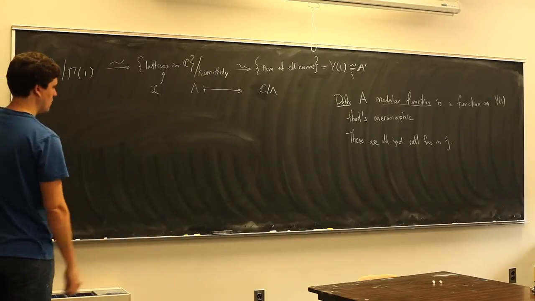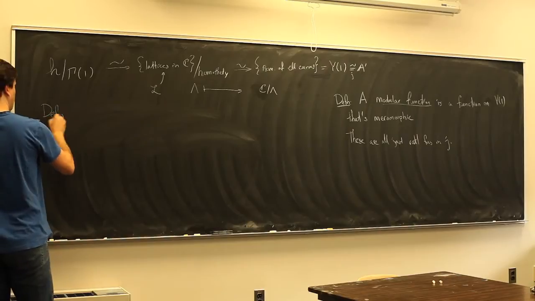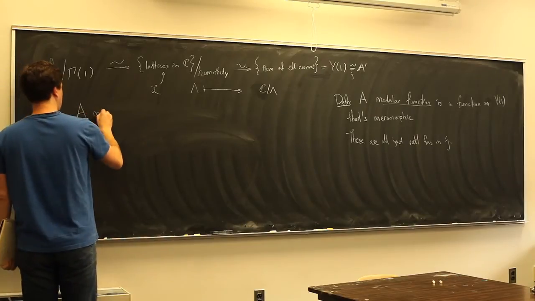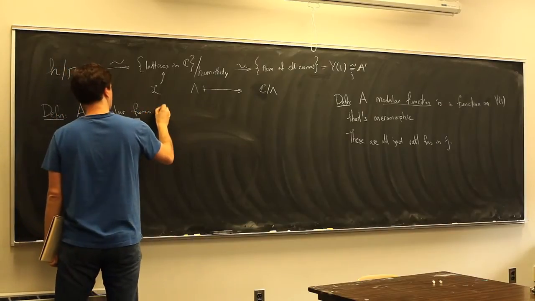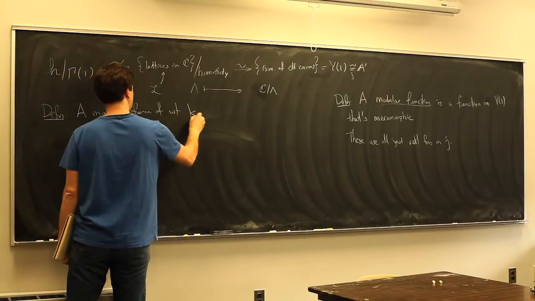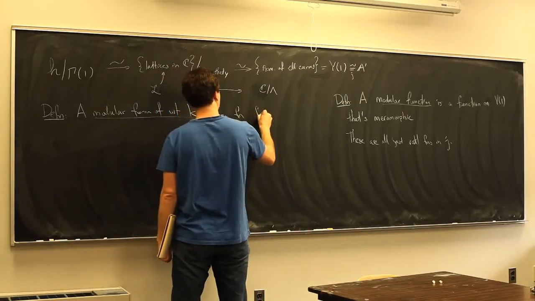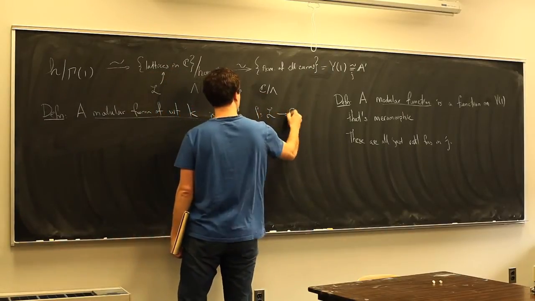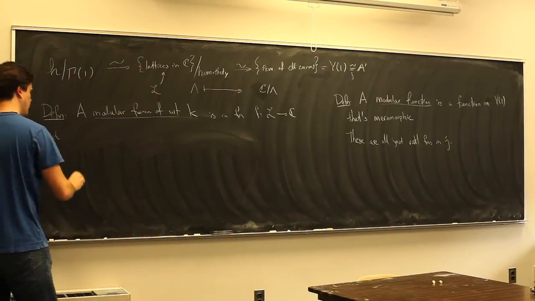But it also has a holomorphic condition. It's supposed to be everywhere holomorphic. So here's the definition. A modular form of weight k is a function, say f, from the set of lattices to C, such that it satisfies three conditions.